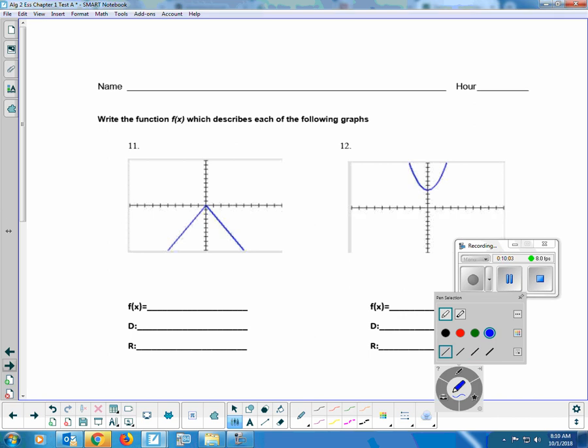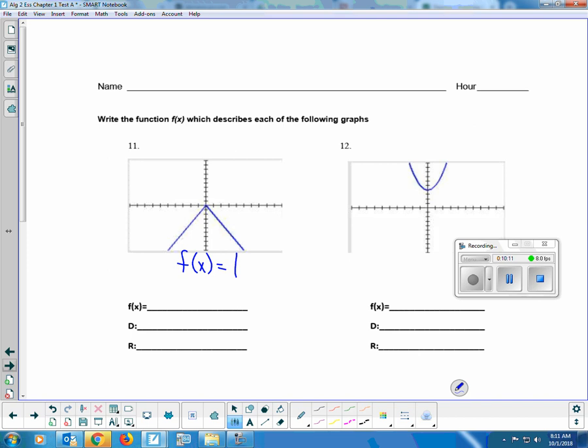Hopefully you recognize that this is the absolute value function that's been reflected. So here's the absolute value parent function. And the only thing that's really done is to multiply this by -1, so it flips. So you could have just a negative, absolute value, put the 1. The domain is your x's.